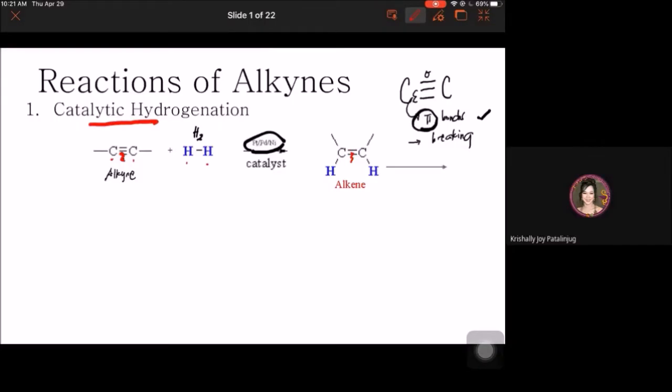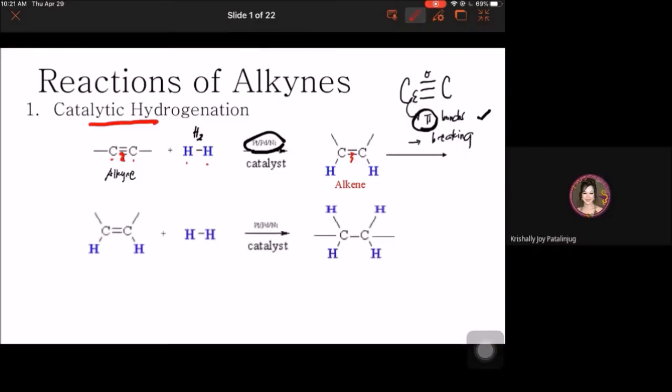From alkene, it will further undergo hydrogenation. Thus, another pi bond will break and hydrogen plus will be added as the electrophile to the unstabilized double bond carbons.